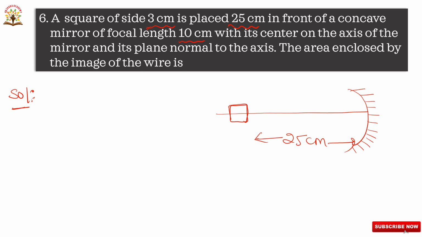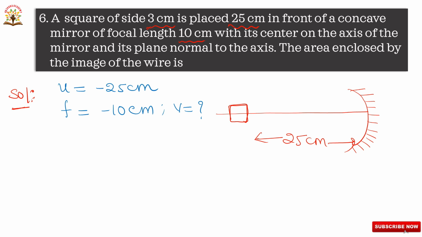Here this is the square of side 3 centimeters and it is placed 25 centimeters in front of the concave mirror of focal length 10 centimeter. Okay, now given u is equal to minus 25 centimeter and f is equal to minus 10 centimeter, and we have to calculate v. Area enclosed by the image of the wire is.